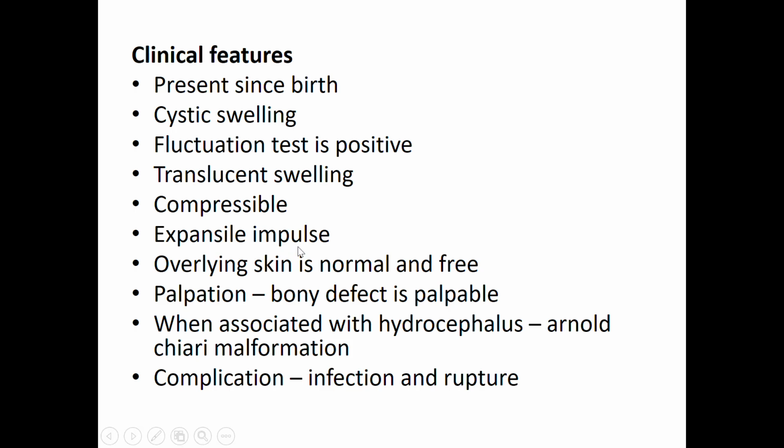And expansile impulse: on coughing, if you place your hand over it, the impulse can be felt. The overlying skin is normal and free, it is not attached to the swelling. If you pinch the skin, it separates from the swelling.